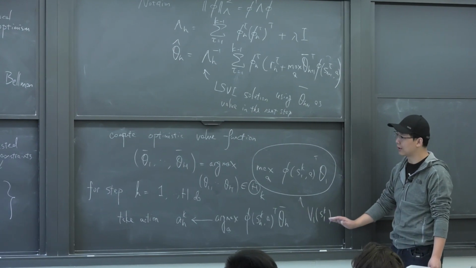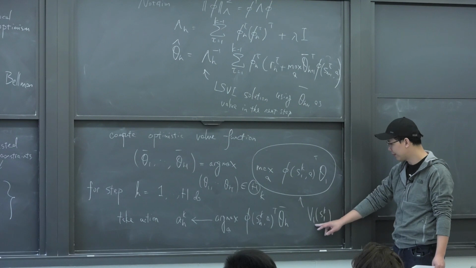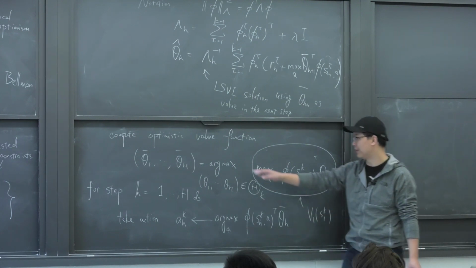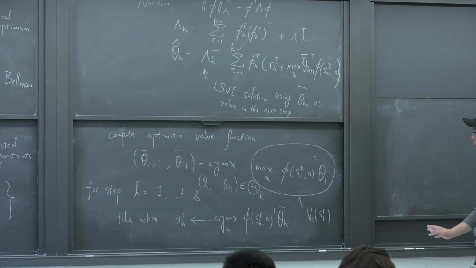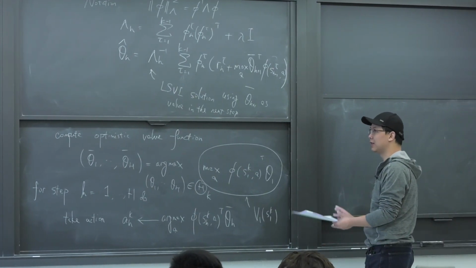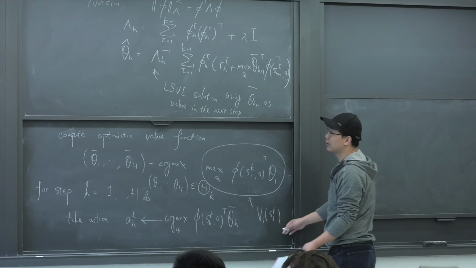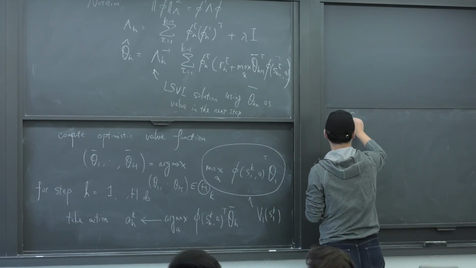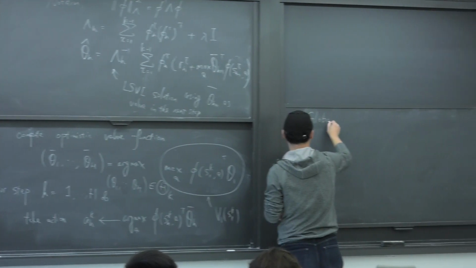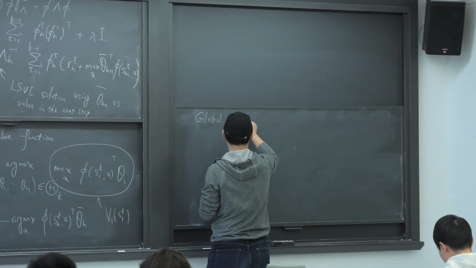Here, we no longer require that. We only require in the very beginning that this is an upper bound. This is an optimistic value. We want to find argmax. We don't care about anything in the middle. In the middle, we don't want it to be optimal or anything. So this is why it's called global optimism. We will talk a little bit more about what we specifically mean by those, like what is the major mechanism difference.